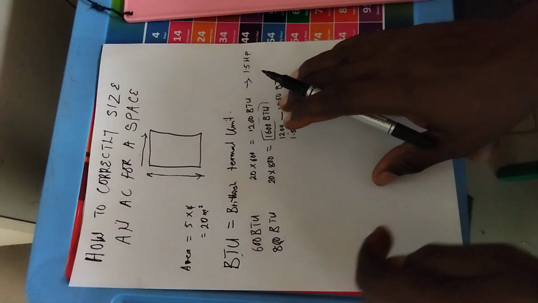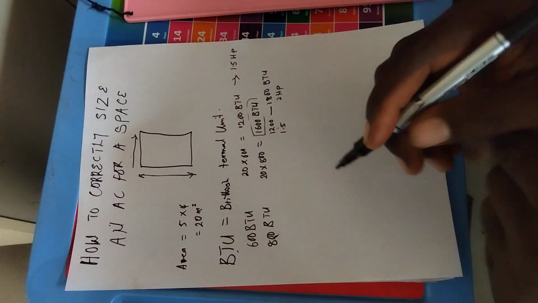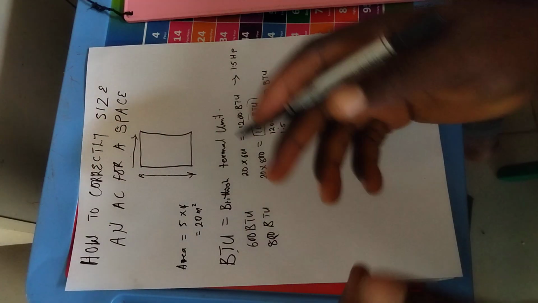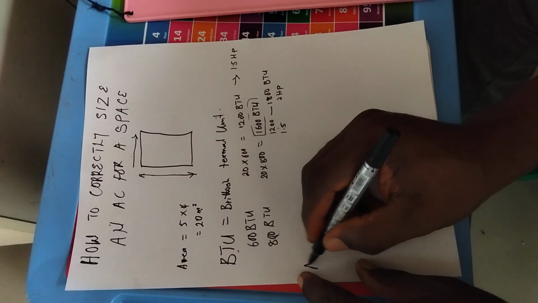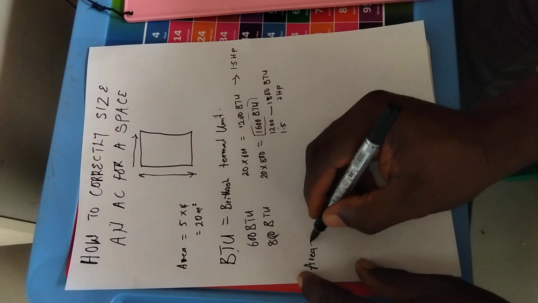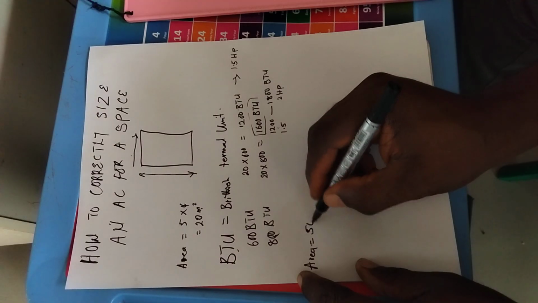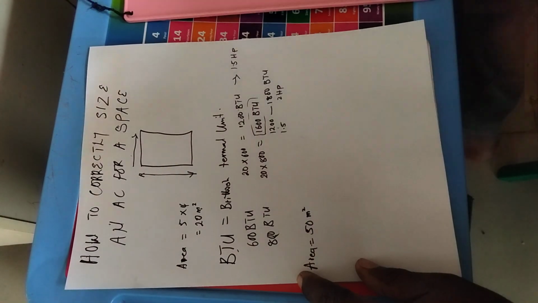Now, what if the room size is quite bigger than that? Say the area of the room is 50 square meter.